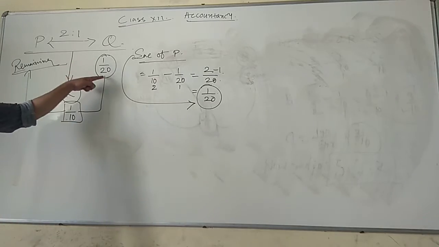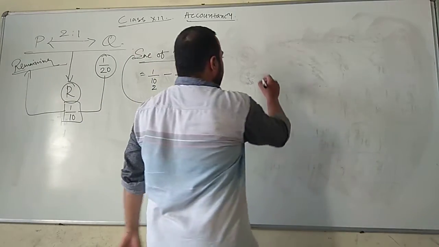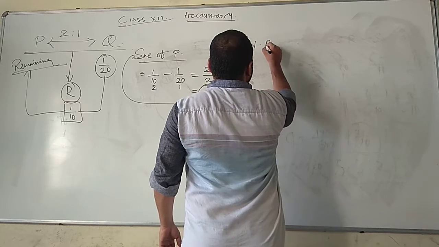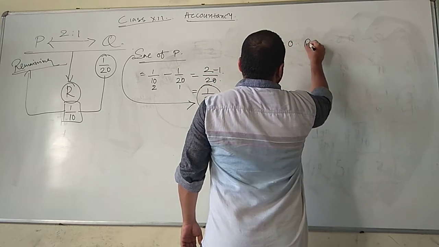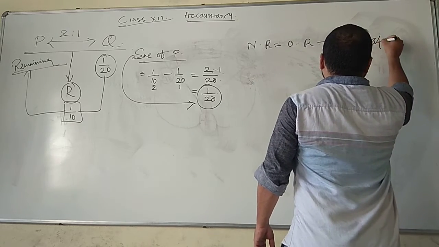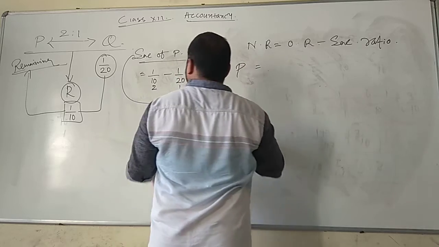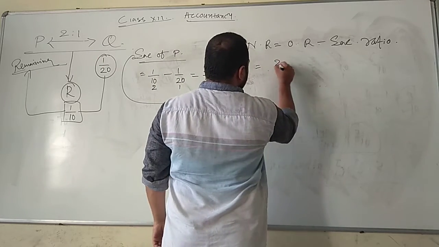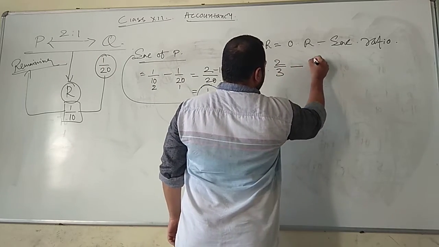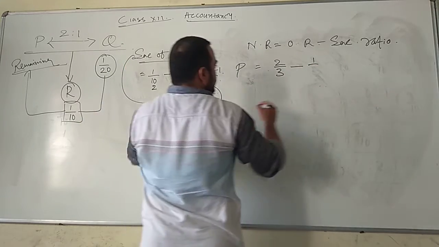Q's is already given. Now as we have done in the last question, new ratio equal to old ratio minus sacrifice ratio. P's old ratio is 2/3 minus sacrifice, that we got just now, 1/20.